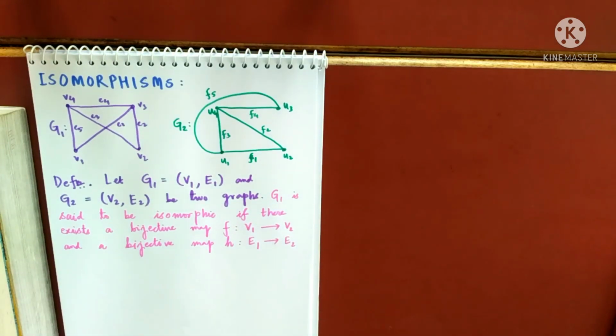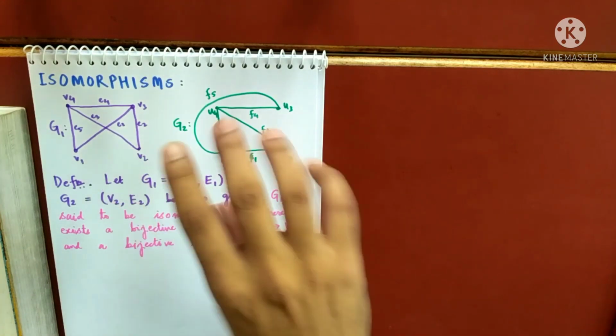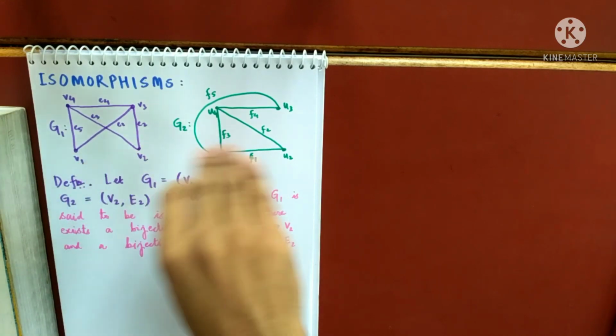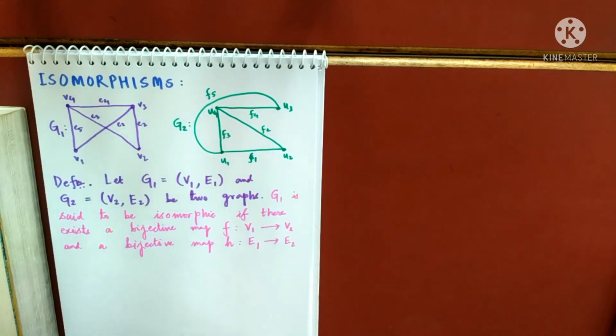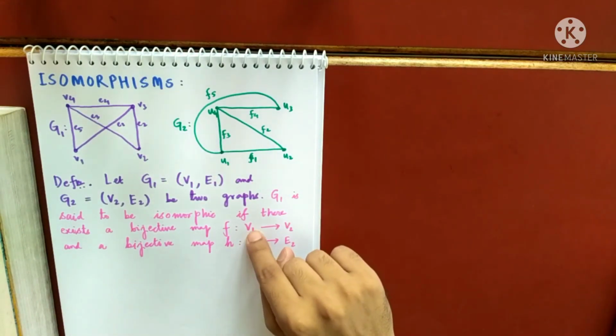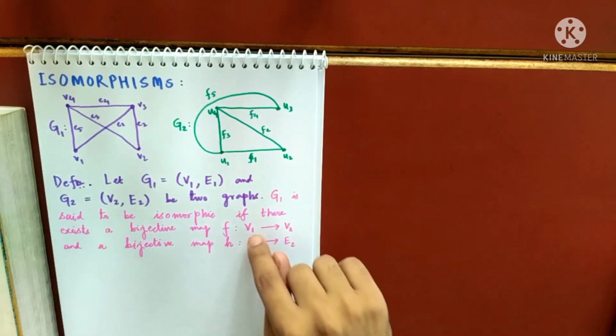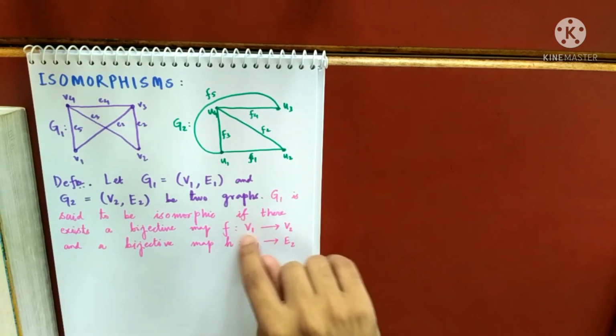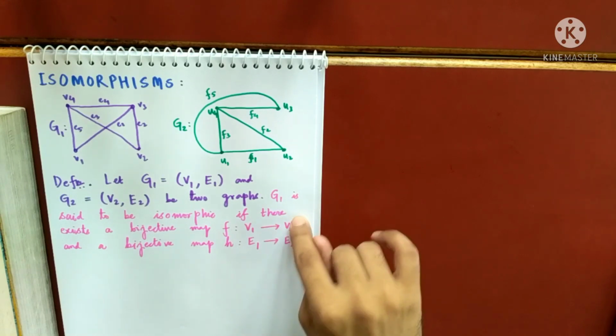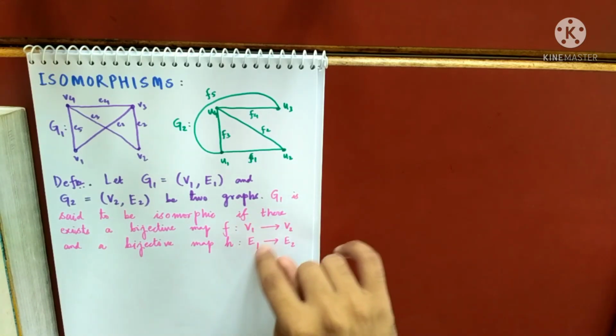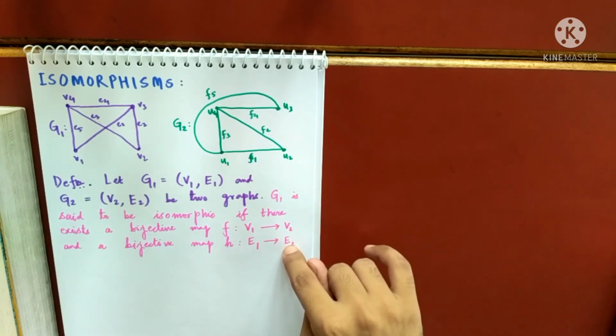So see, this is not the complete definition. For the graphs to be isomorphic, they should have the same number of vertices and the same number of edges. That is obvious. This is the reason that I have written that I can find a bijective map. That means the number of elements in V1 is the same as the number of elements in V2, and the number of edges in G1 is the same as the number of edges in G2.